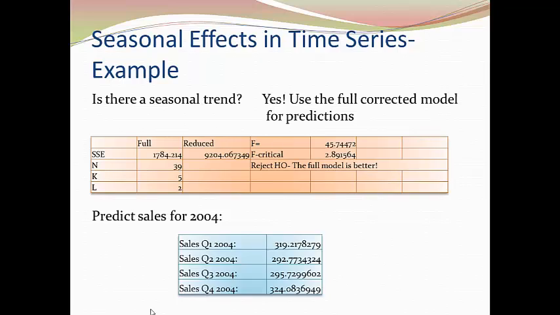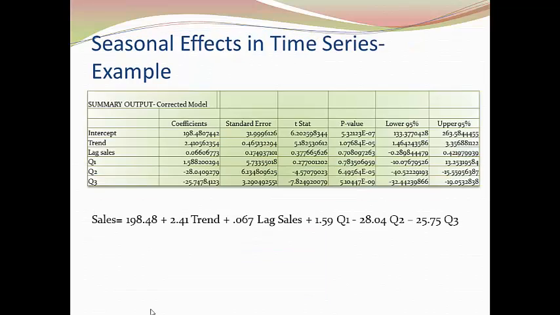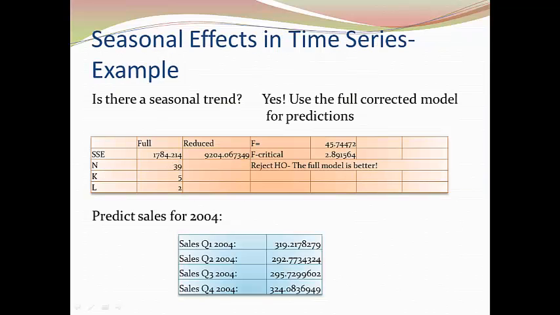So let's say I want to predict the first quarter sales in 2004, and my data ended with quarter 4 sales in 2003. So if I look back here, I'd start out with sales equals 198.48 plus 2.41 trend. Whatever my last trend observation was, let's say I had 50 observations, then trend would be 51 for my next observation, right?